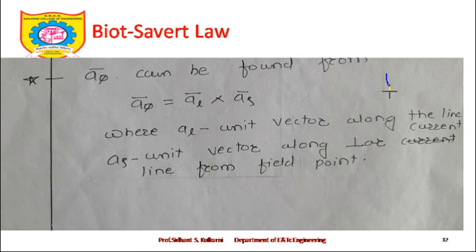If this is a line charge along z axis, arrow bar will be the unit vector in the perpendicular direction. We have gone through certain numericals of the line charge distribution in Gauss law. A similar concept you need to apply for calculating arrow bar. Once you calculate arrow bar, you just need to take a cross product between AL bar and arrow bar.